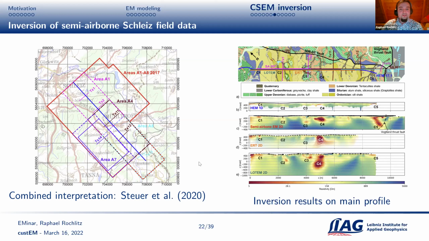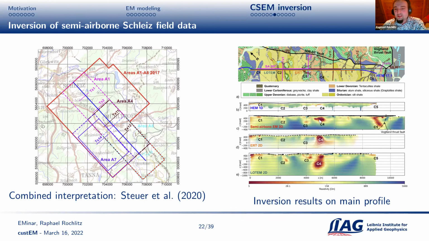On this profile, we have also a large-scale loop survey, inverted with MARE2DEM, I think. And we have also inverted flight lines on this long profile with MARE2DEM. So these are all 2D or 2.5D inversions. And what we basically see is that the big red blob, let's call it like that, is always visible, but the structure of this big red blob is not identical.